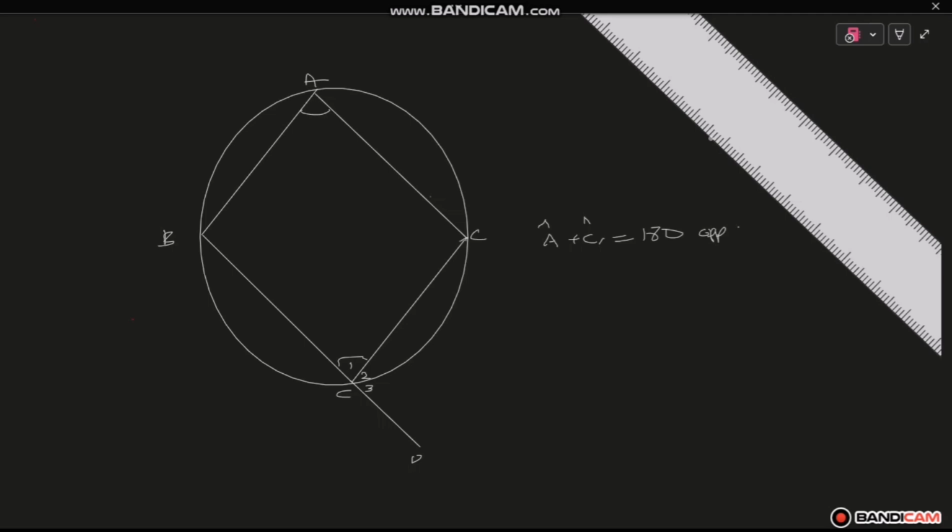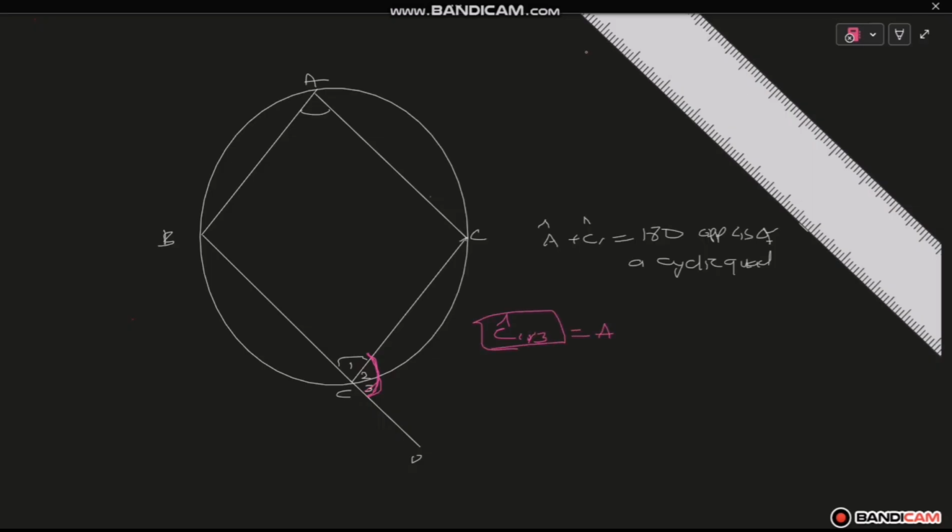Those are opposite angles of a cyclic quad or cyclic quadrilateral. That's what you know, right? Therefore we have an extra thing there, C2 and C3, the one that I'm highlighting here. Therefore angle C1 plus angle C3.